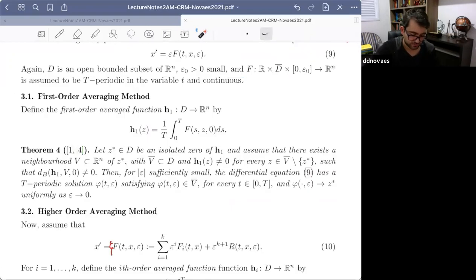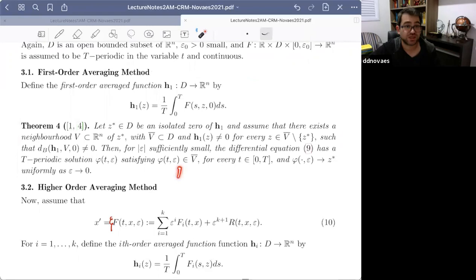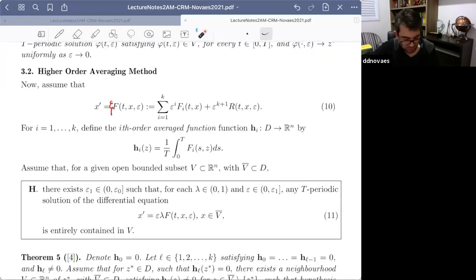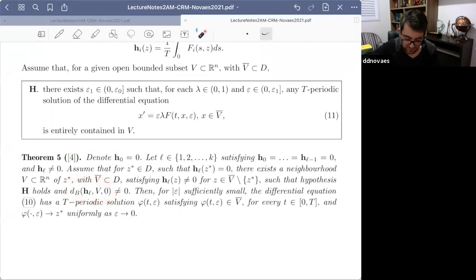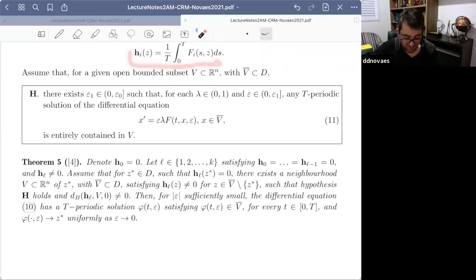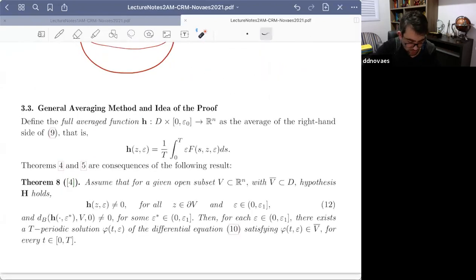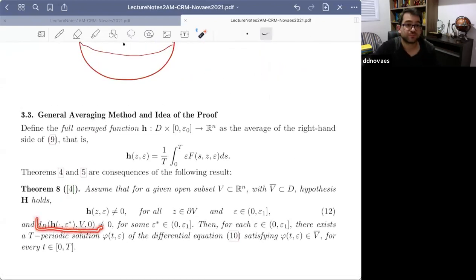Theorem 1, in this context we can always check that hypothesis H is true, and theorem 5, we can apply the general averaging method and try to use the Brouwer degrees of these higher order averaged functions in order to compute this Brouwer degree, and obtain the existence of a periodic solution.